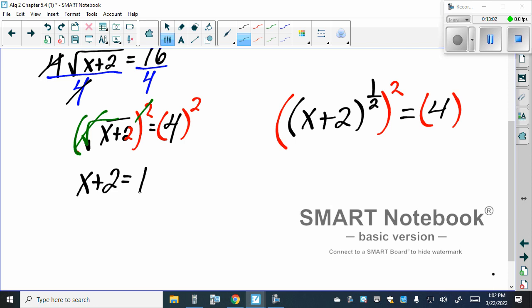And 4 squared is 16. And the reason this works is, again, our half exponent and the 2 multiply together to give us 1. They cancel each other out, or simplify each other out to tell us that x plus 2 is equal to 16. That's why this works the way it does.